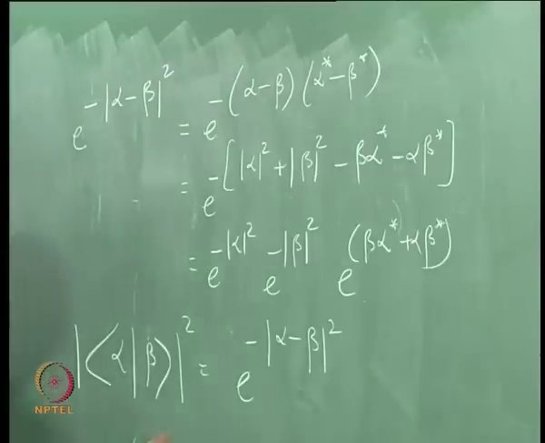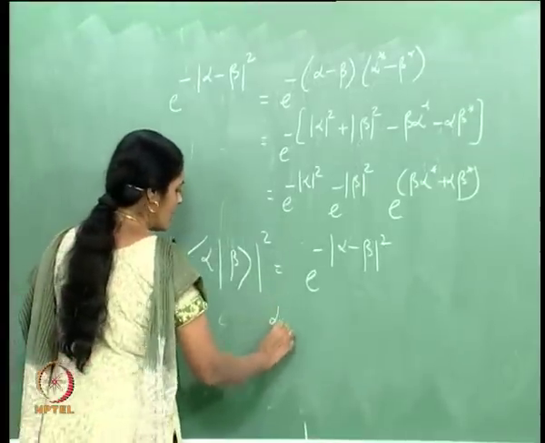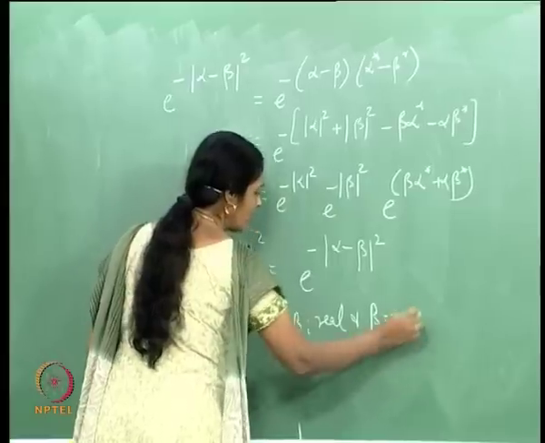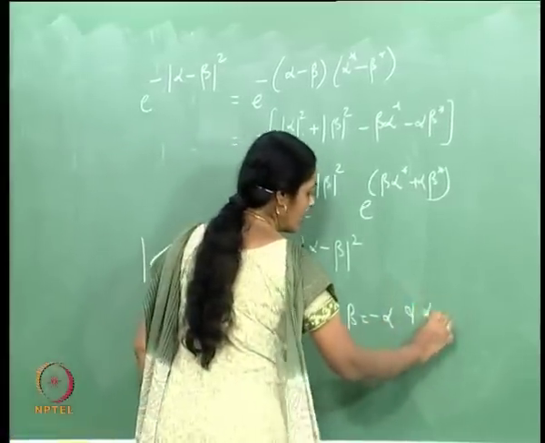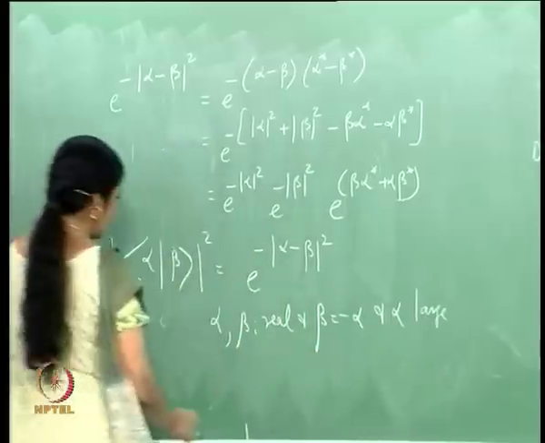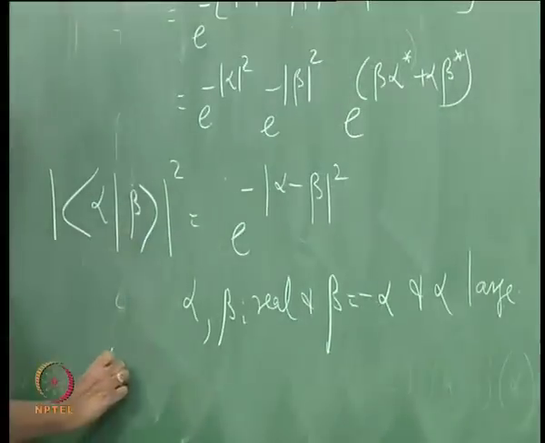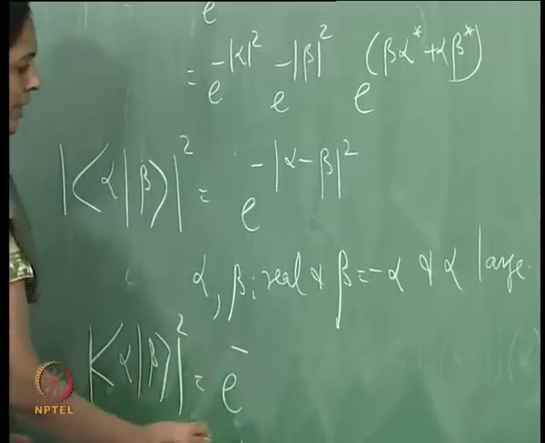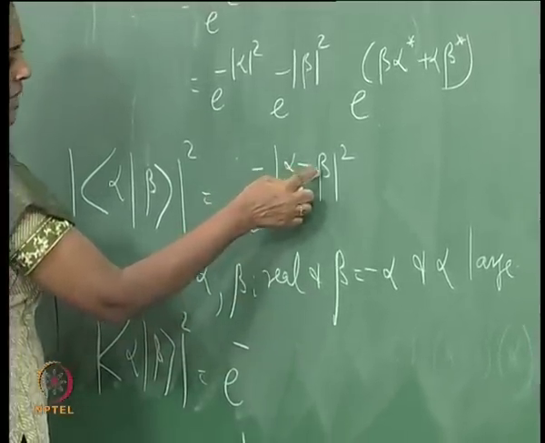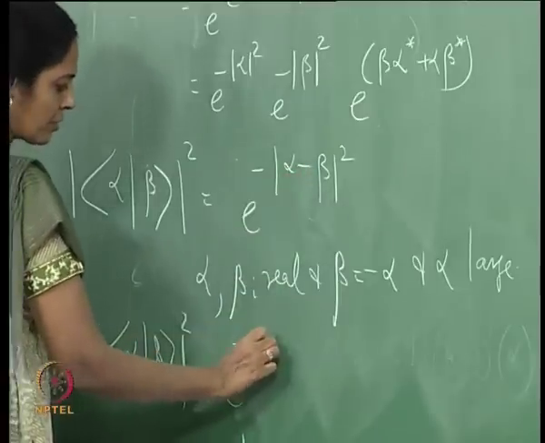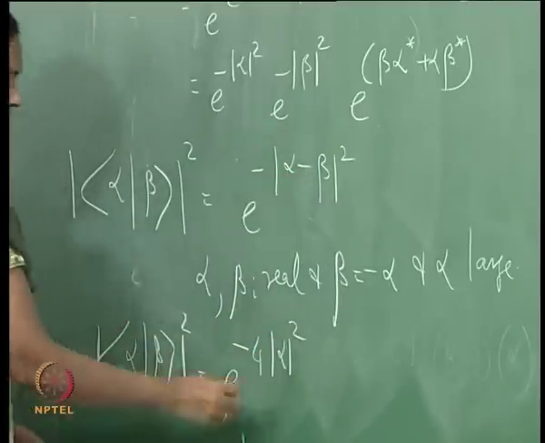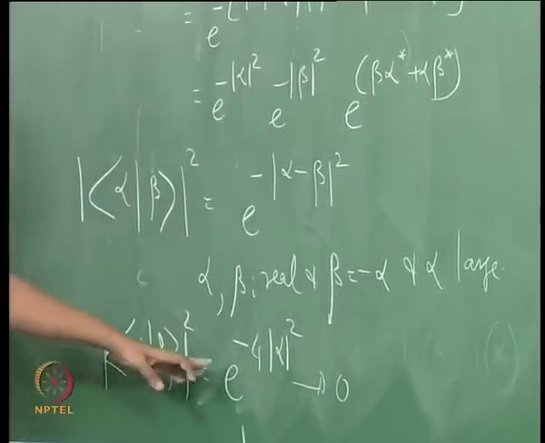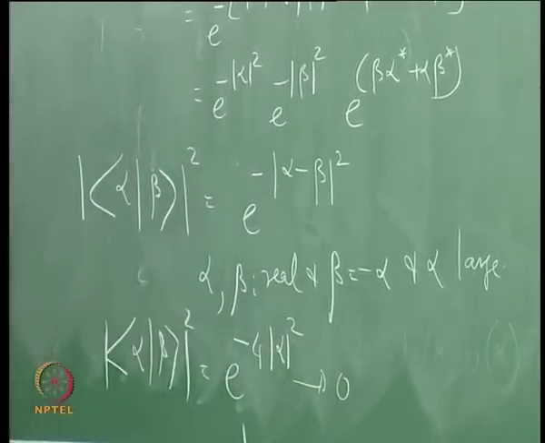Now, one thing is clear. Let us imagine for a moment that alpha and beta are real and beta equal to minus alpha and alpha large. Then the modulus squared of the inner product is e to the minus, that gives me an alpha minus minus alpha, and therefore that is a 4 mod alpha squared, and for alpha large it is 0, because that is like e to the minus infinity.